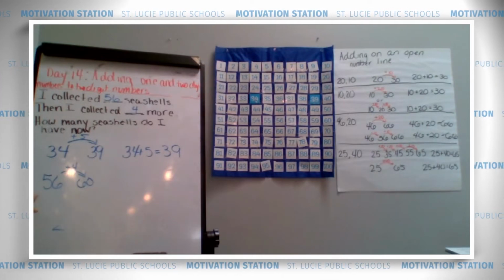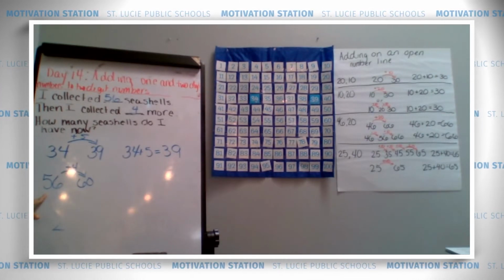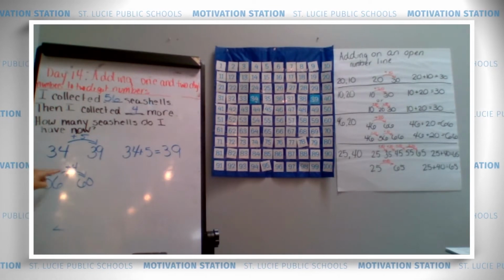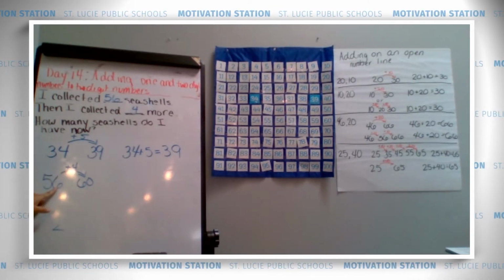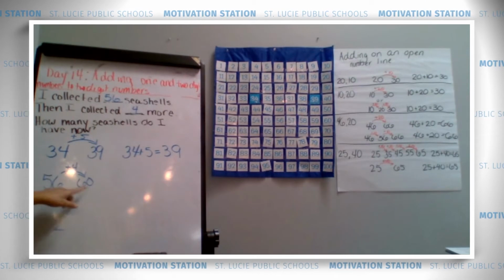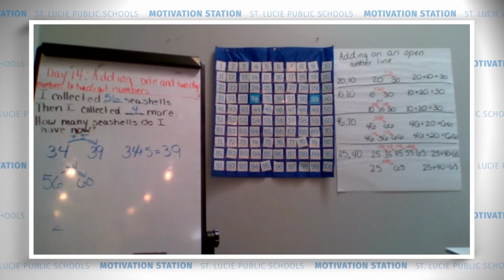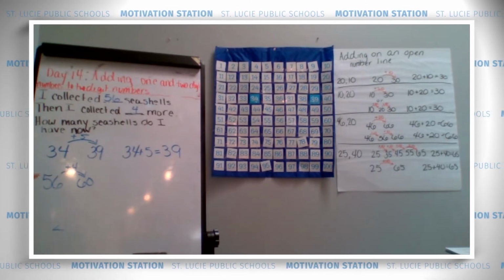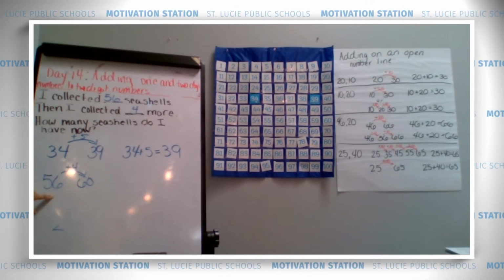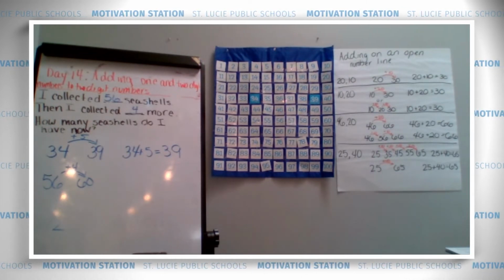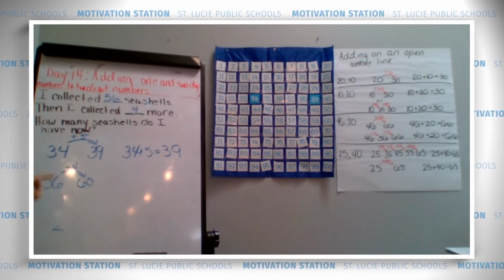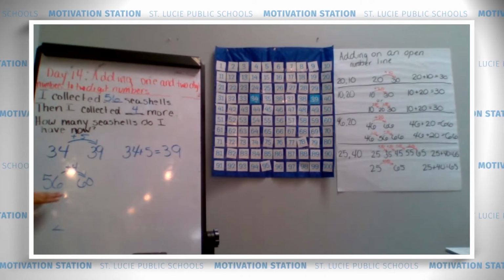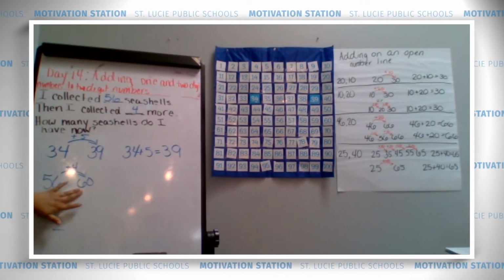Well, I know some of you were counting 56, 57, 58, 59, 60. We counted 4 more. Some of you knew I needed to add 4 to my ones place, and I got 60. I hear some of our friends saying, they know 56 in a 100 frame leaves only 4 spaces to the next 10. So 56 plus 4 has to be 60.